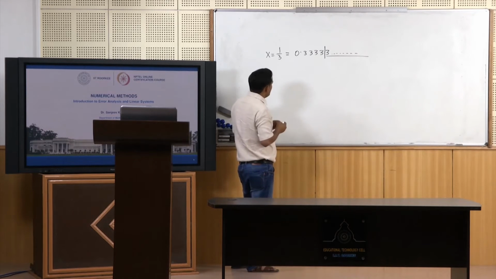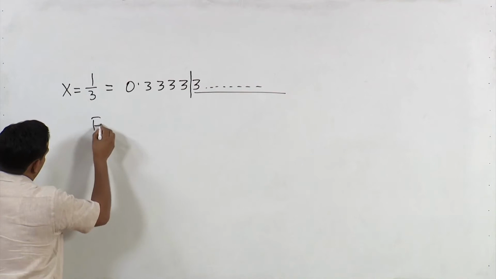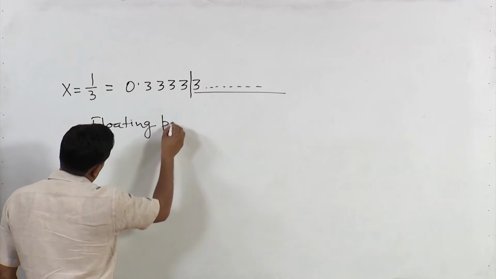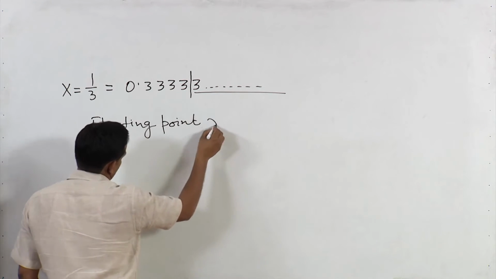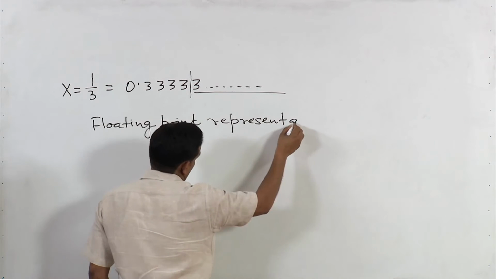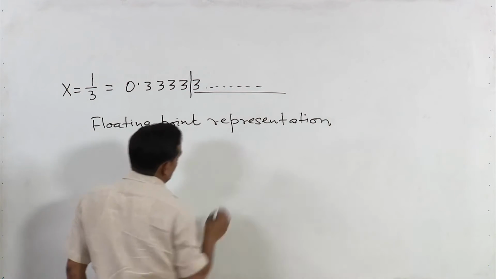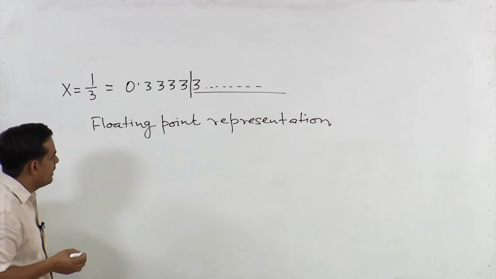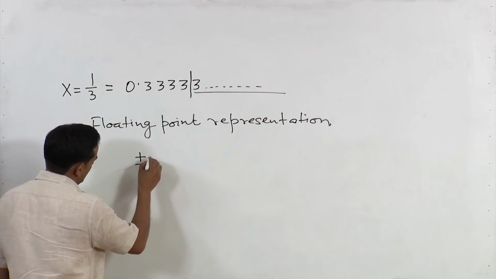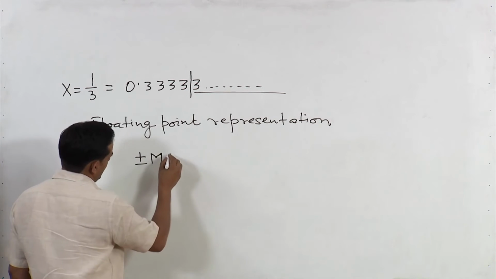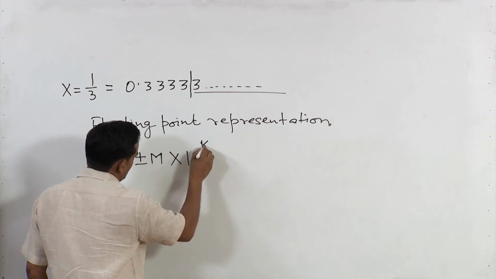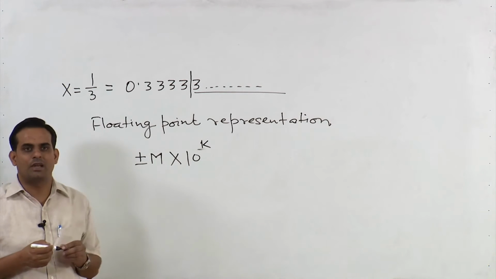But in general we have a floating point representation, which generally each computer follows, and in this representation each number can be written as plus minus m into 10 raised to power k, if I am talking about decimal numbers, meaning numbers having base 10.